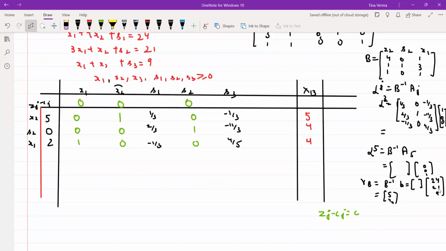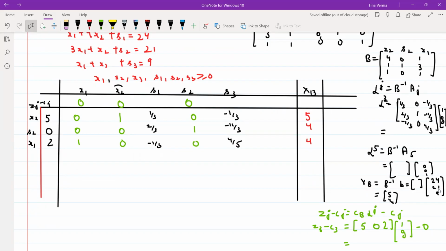Zj minus Cj, the same formula: CB into alpha j minus Cj. What is the cost coefficient of x2? 5. What is the cost coefficient of s2? 0. What is the cost coefficient of x1? 2. If I have to find Z3 minus C3, then the third is my 1, 0, 0 minus the cost coefficient 0, so it is giving me the answer 5, 0, 2.